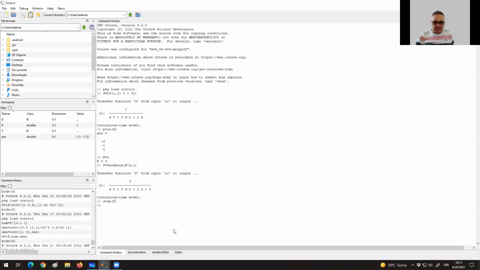So if we introduce some derivative action, let's say K is equal to the transfer function of something like this.